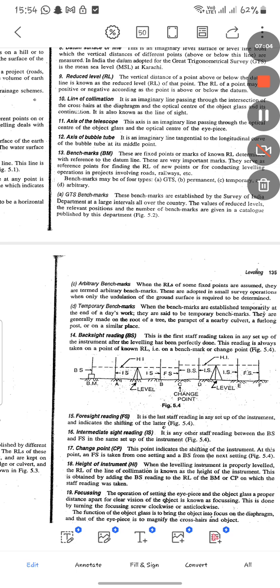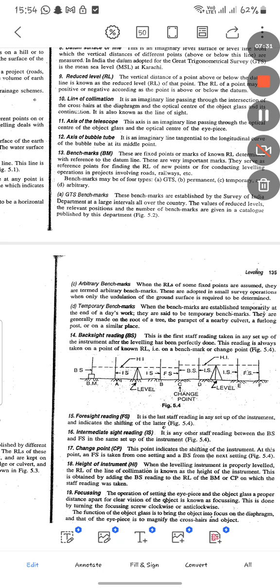They are important marks. They serve as reference points for finding the reduced level of new points or for conducting leveling operations in projects involving roads, railways, highways. That is it. Benchmarks may be of 4 types.